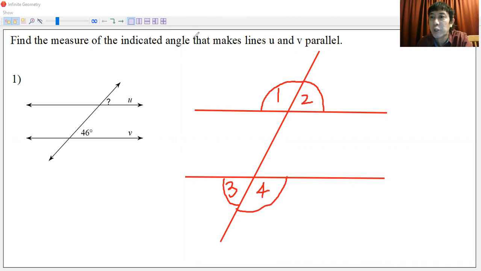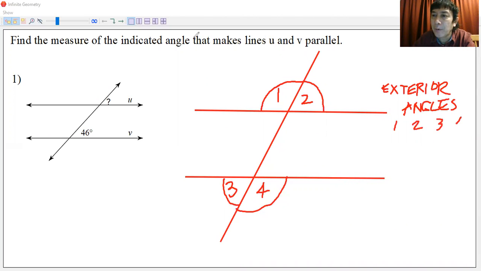These are called exterior angles. So these angles are numbered 1, 2, 3, and 4. The other angles remaining will be called interior angles.